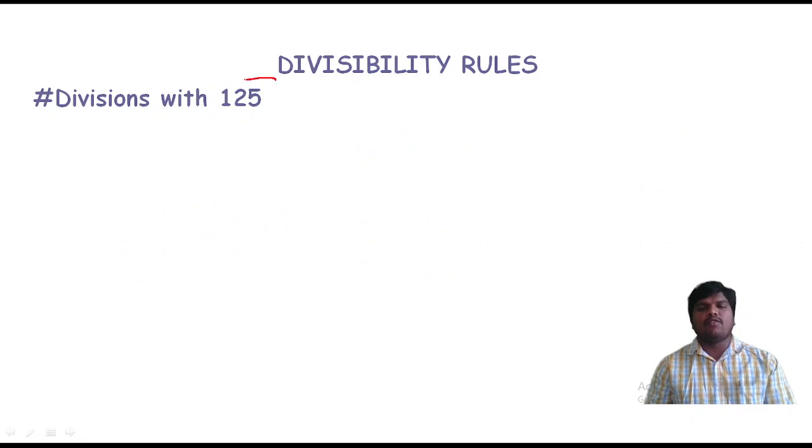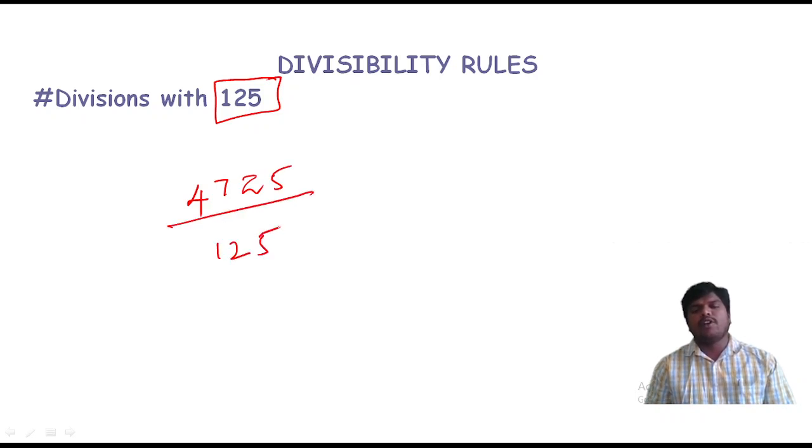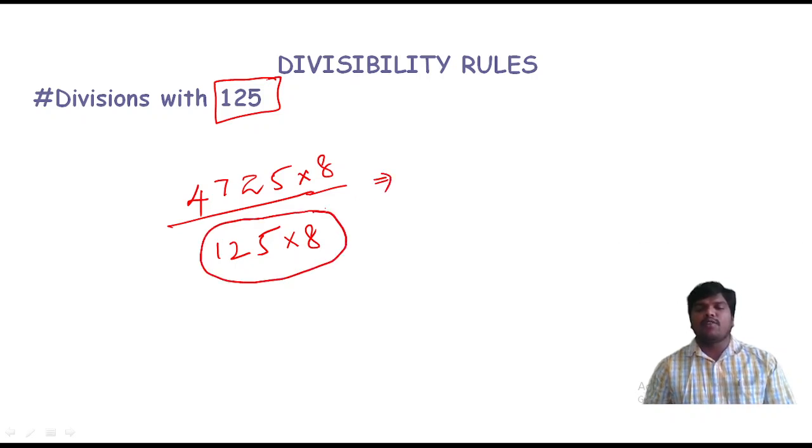And for 125, whenever you want to divide any number with 125, let us check 407.25 divided by 125. Simply multiply with 8, both the top and bottom. If we multiply 125 into 8, it becomes 1000.